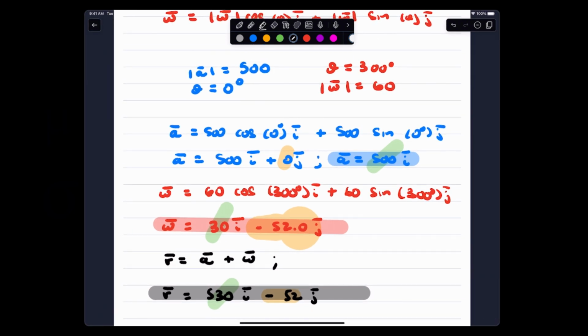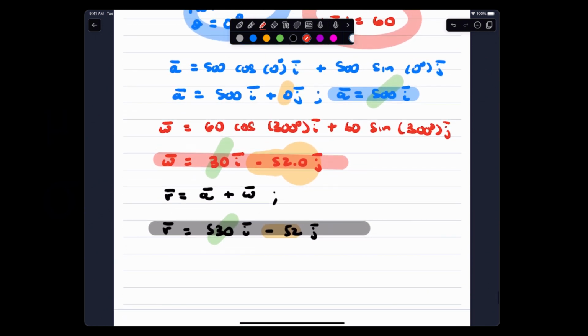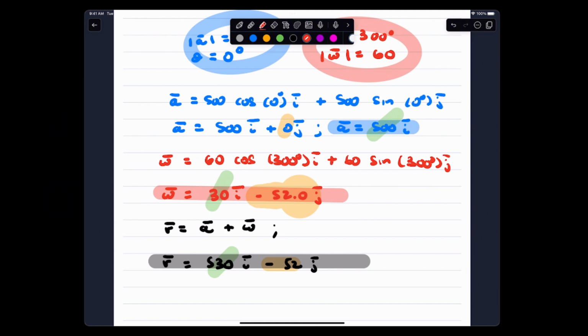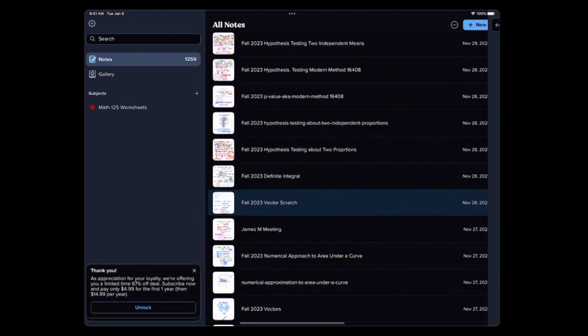So you have your A vector right in here, okay? And then you have the W vector information here. There's your A vector and your W vector information. Now we have the resultant vector. So if we go back and we say, well, what was this?